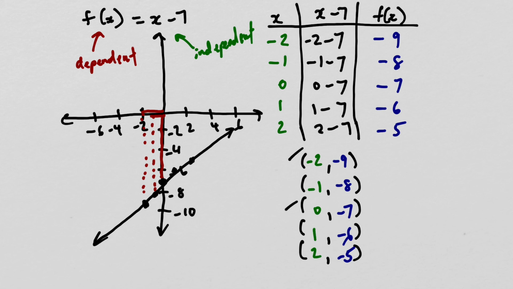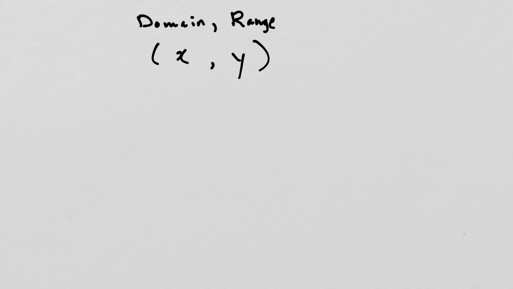Okay, so let's review some of these terms just so that you keep things straight. We have domain, range. We also have x, comma, y as your coordinate. We also have independent, and then dependent.